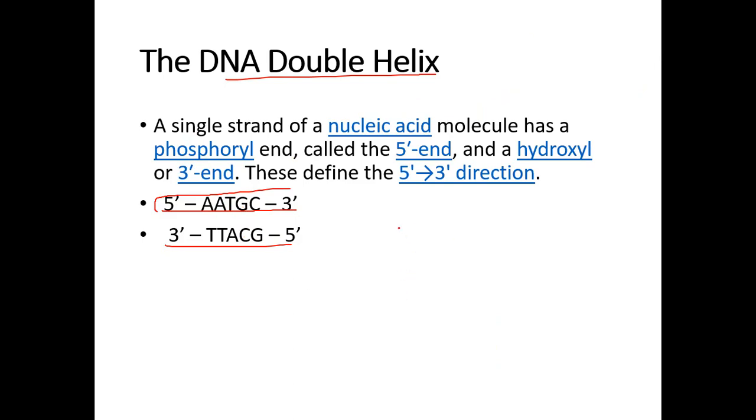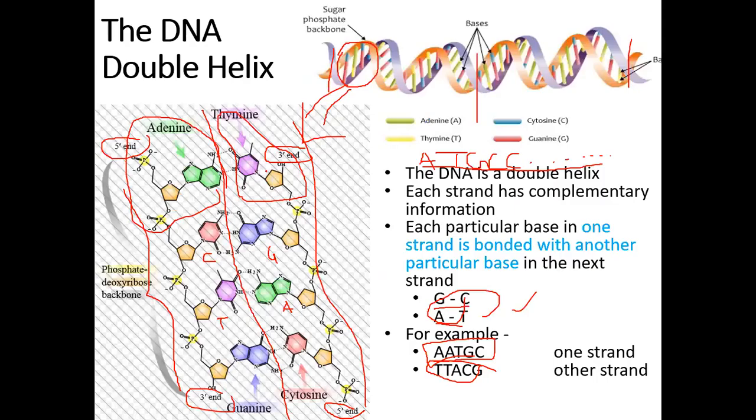If you are given something like this, T, G, C, C, A, with the 5' end and 3' end marked like this, you should be able to write the complementary strand of this. To the 5' end, you should have the 3' end. What we are given has a 5' end and a 3' end, and what you are writing has the 3' end and 5' end at the opposite sides.